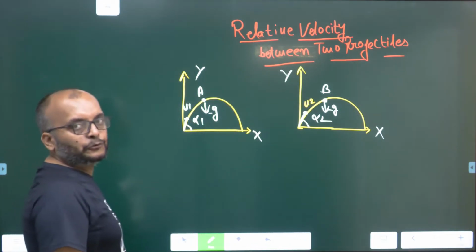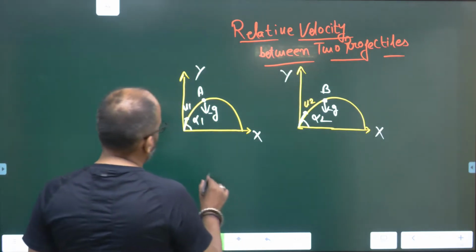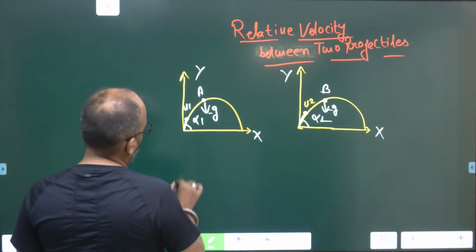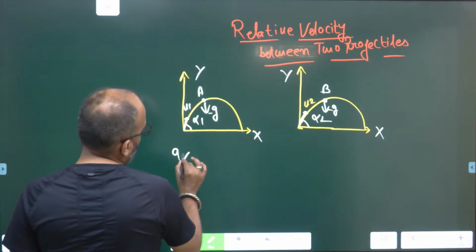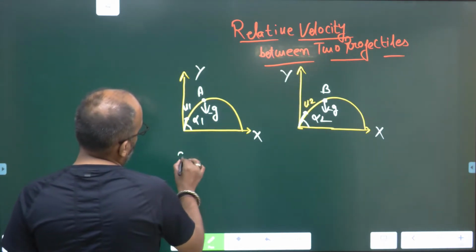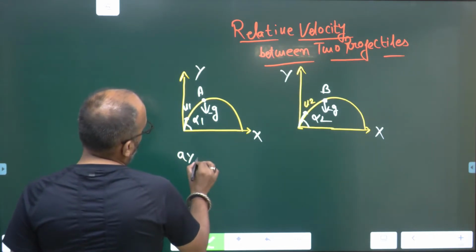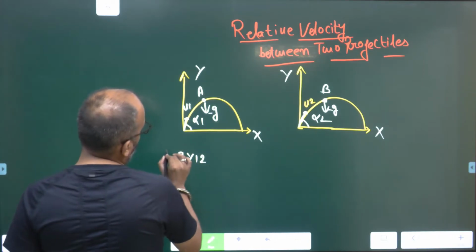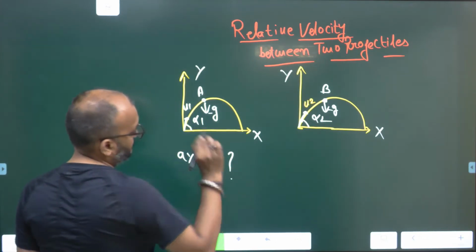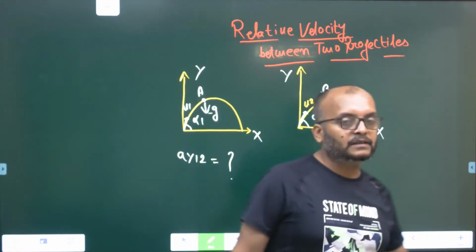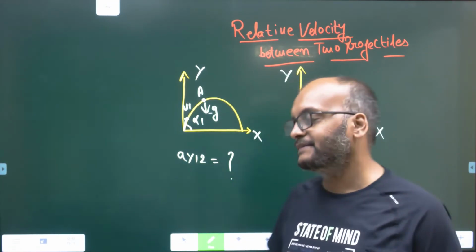So if I ask you, please pay attention. This is body 1, this is body 2. So what is the vertical acceleration of body 1 with respect to body 2? Zero. Very good.